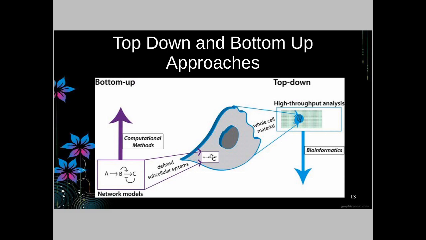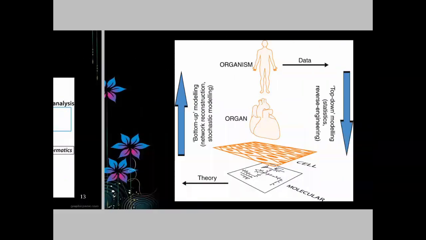It can be calculating statistical values on what are the over and under expressions, and from that you want to understand the process at a more basic level. So for example, you have microarray data and you want to model a metabolic system from that. So that is the top-down approach.